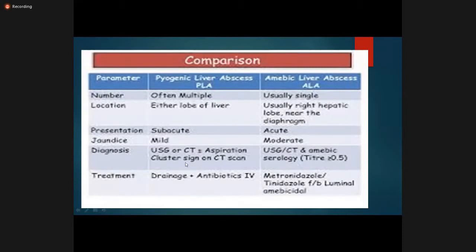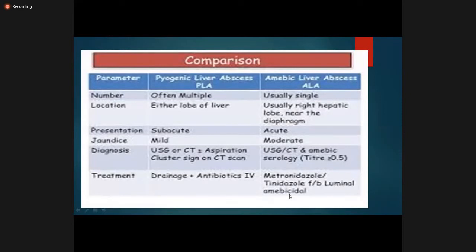We establish the diagnosis by both ultrasound and CT, and we can check the amoebic serology for amoebic liver abscesses, which is usually single, whereas pyogenic liver abscess is usually multiple. The treatment for pyogenic liver abscess is drainage plus antibiotics, and that for amoebic liver abscess usually subsides with the use of metronidazole, tinidazole, and luminal amoebicidal medication.